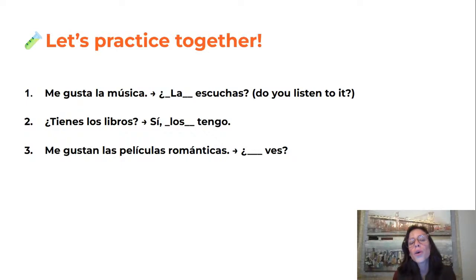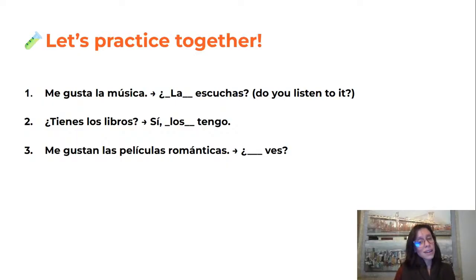But this is also a good answer. Not a good answer, sorry. This is something that we can use as well to use the verb gustar. For example, ¿te gustan los libros? Do you like books?